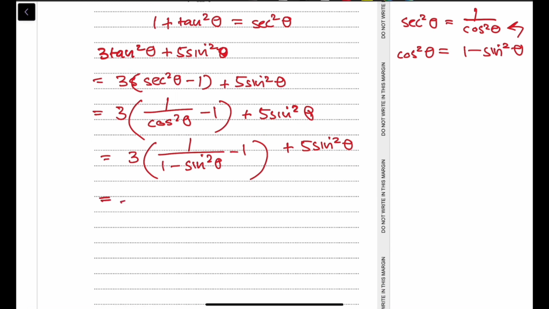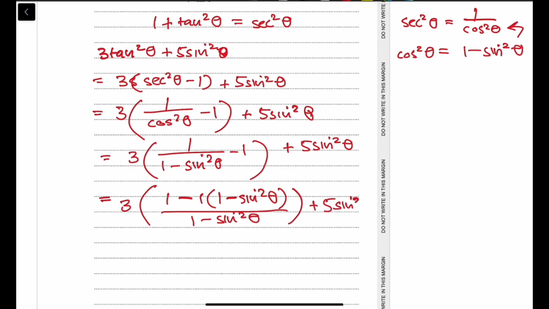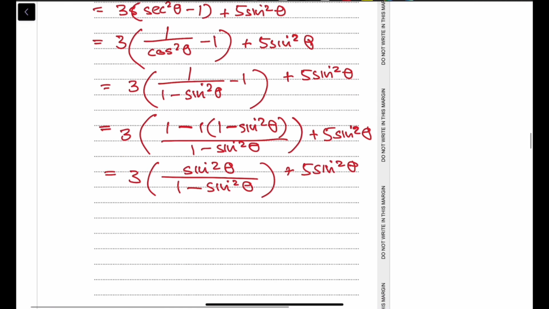I'm going to try and make this into a whole fraction. So we have 1 minus 1 times 1 minus sine squared theta over 1 minus sine squared theta, plus 5 sine squared theta. 1 minus 1 is 0, plus sine squared theta over 1 minus sine squared theta, plus 5 sine squared theta.